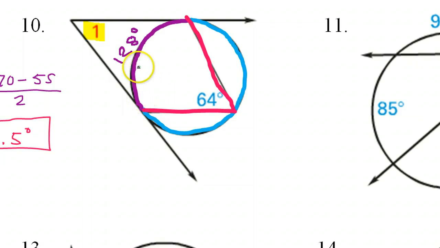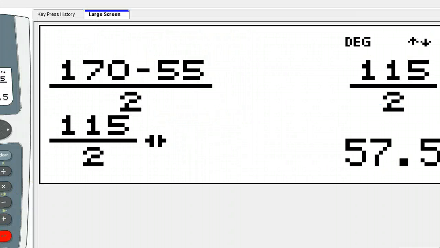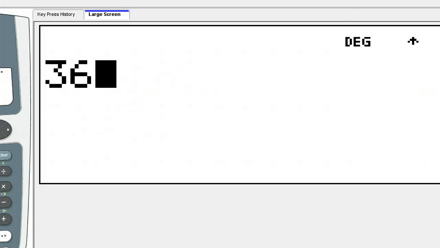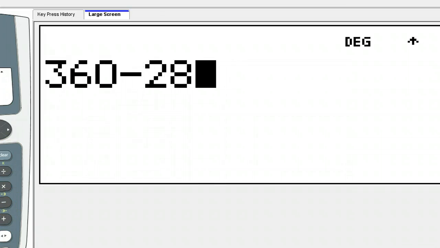I've got the small arc now. I still need the big arc. Let me just put it like this, 128 degrees. Now because the small arc and the big arc take up the entire circle, I can just subtract from 360. So I'm just going to do 360 minus 128.